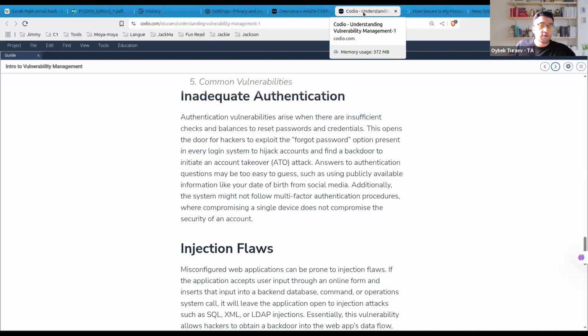Let's say that, for example, Kate has an account in Google, and she has an authentication method implemented by security questions. For example, she could choose the question, what is your pet's name, or what is the college you attended?